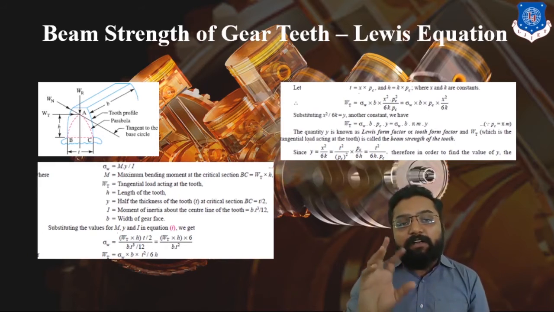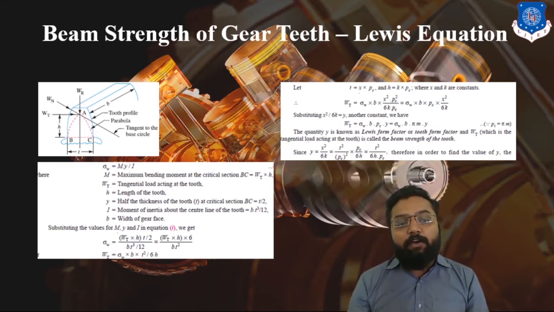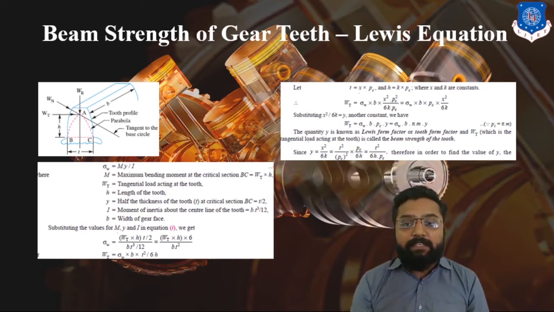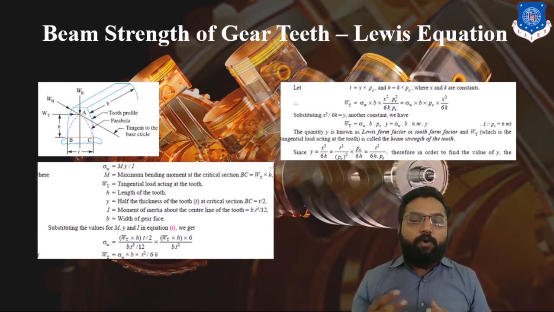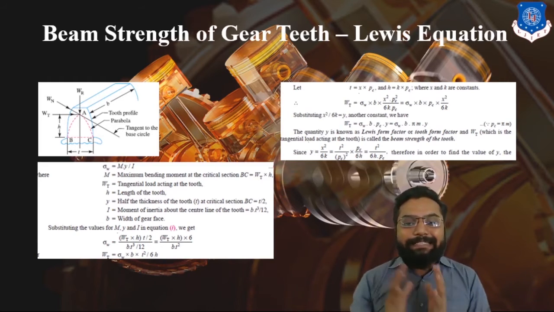And to relate this height to the pitch circle, we have to divide by k. So ultimately, t is going to be x into pc, and h is k into pc. Putting this into the equation, we find sigma w into b into pc into x square upon 6k.